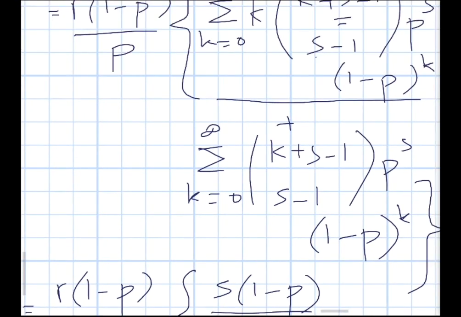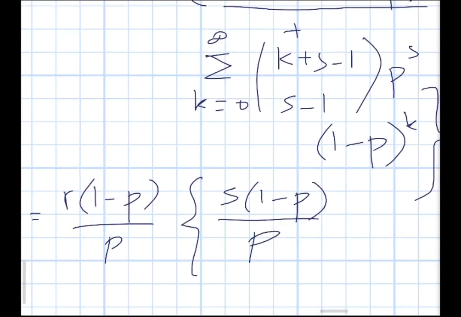The second part is just the summation of the PMF of the negative binomial, so this should equal 1. This can also be proved using the power of a geometric series which we did some time back, but the easiest way is to recognize that this is a PMF, so all PMFs should sum to 1. So this is the second moment.